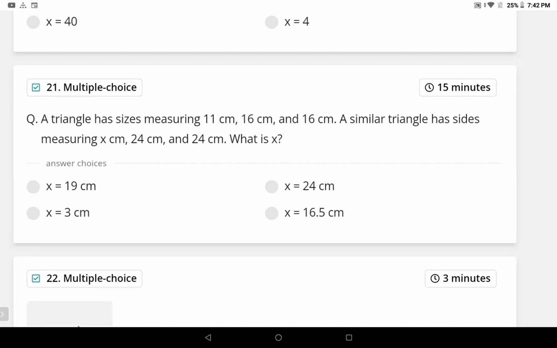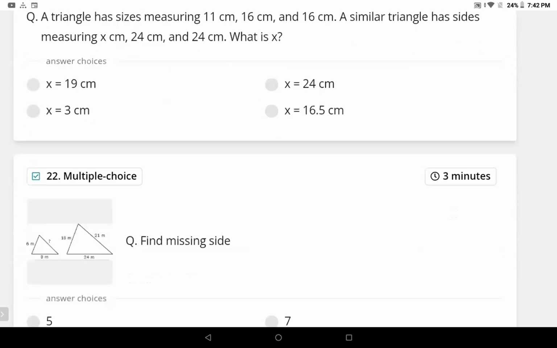You should do 11 into 16. Ma'am, first we'll do 24 by 16, we'll get 1.5. So 1.5 into 11 is 16.5. Very good, very good. You just equate to a constant, right?